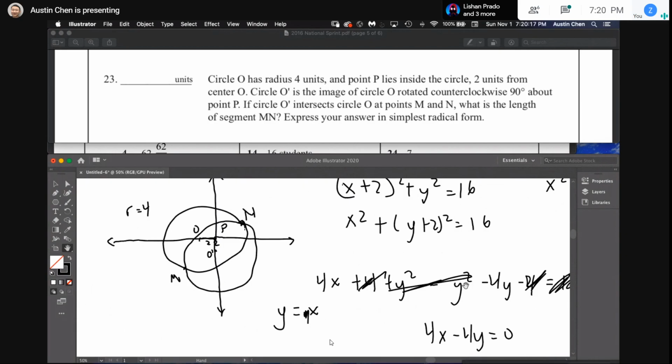So when you rotate it, it's not going to change. And when you rotate it counterclockwise 90 degrees about point P, you're in essence just shifting it down two and to the right two. So the intersection between those two circles will be on the line y equals x.